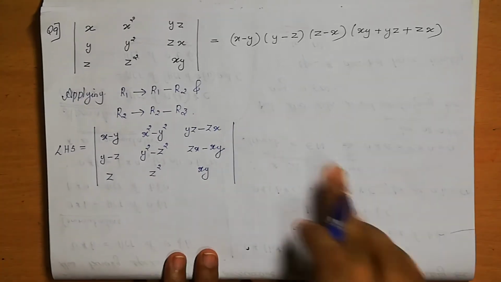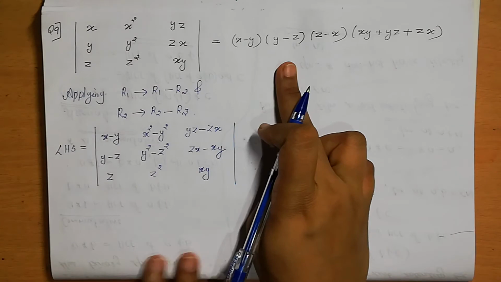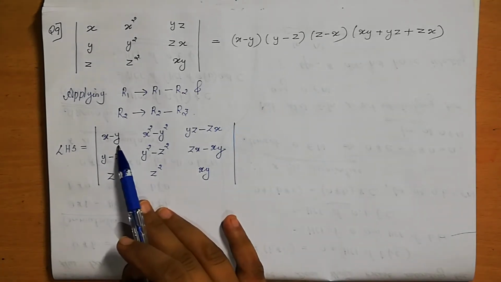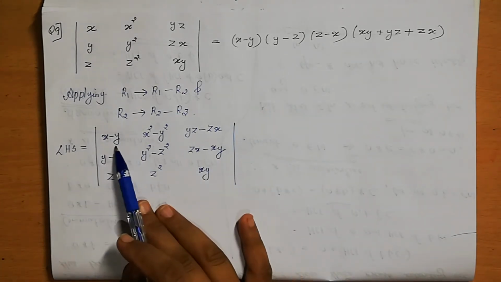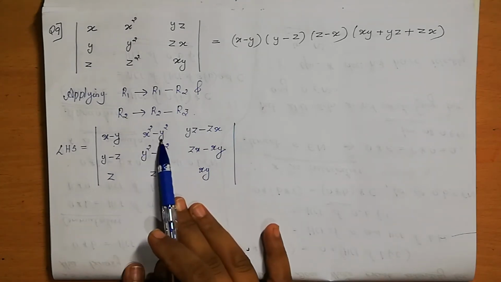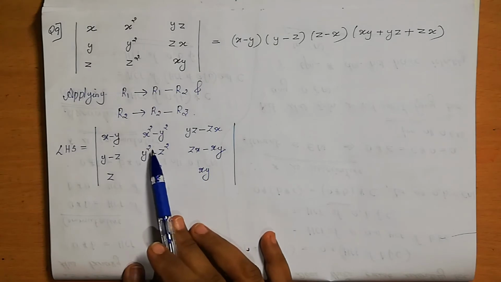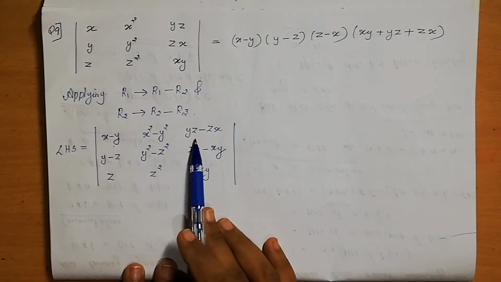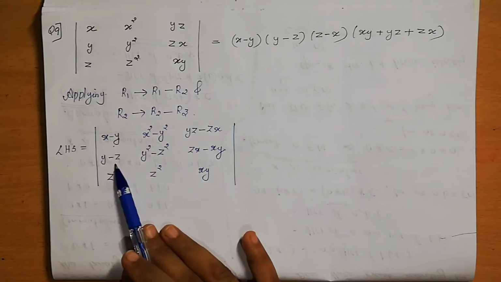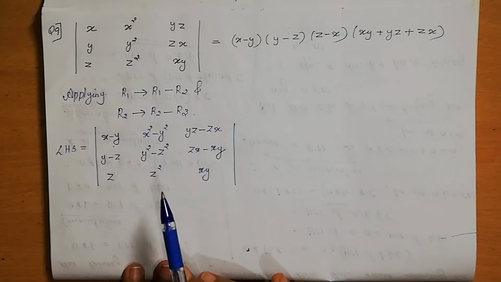Next we need x minus y, y minus z out, right? So here from the first row we can take x minus y common. How? From here we can take x square minus y square means x plus y into x minus y. Suppose here I am taking z is common means I will get y minus x only. But what I need? I need x minus y. So I need to take minus z as common. The same way here also we can take y minus z as common.